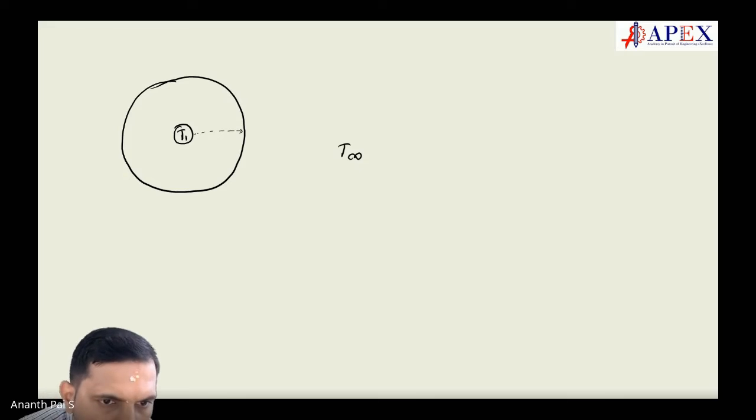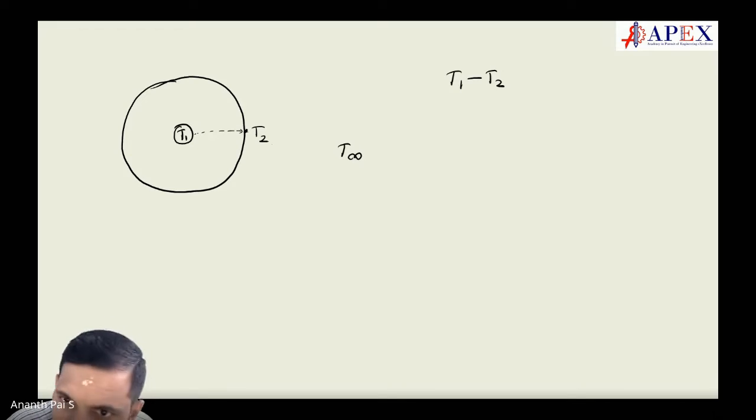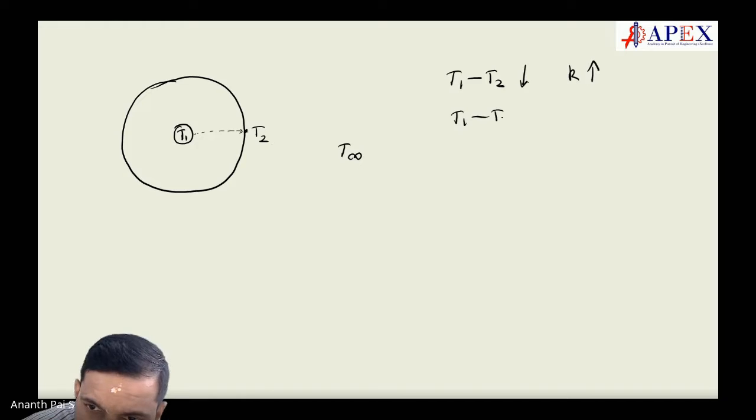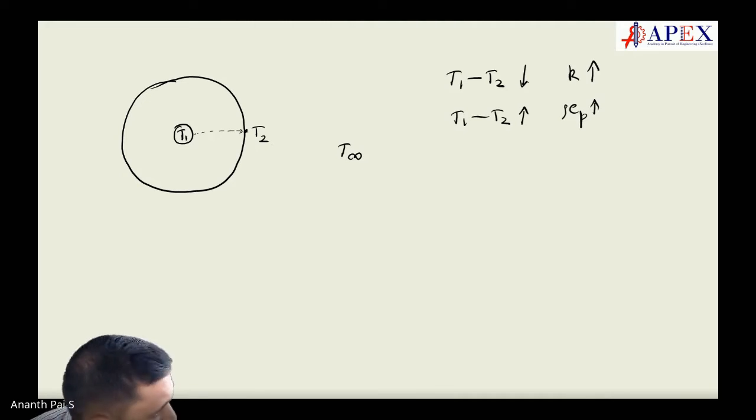Here I will write T2. T1 minus T2 reduces as K increases, correct? T1 minus T2 increases as rho Cp increases, correct? Make sense?